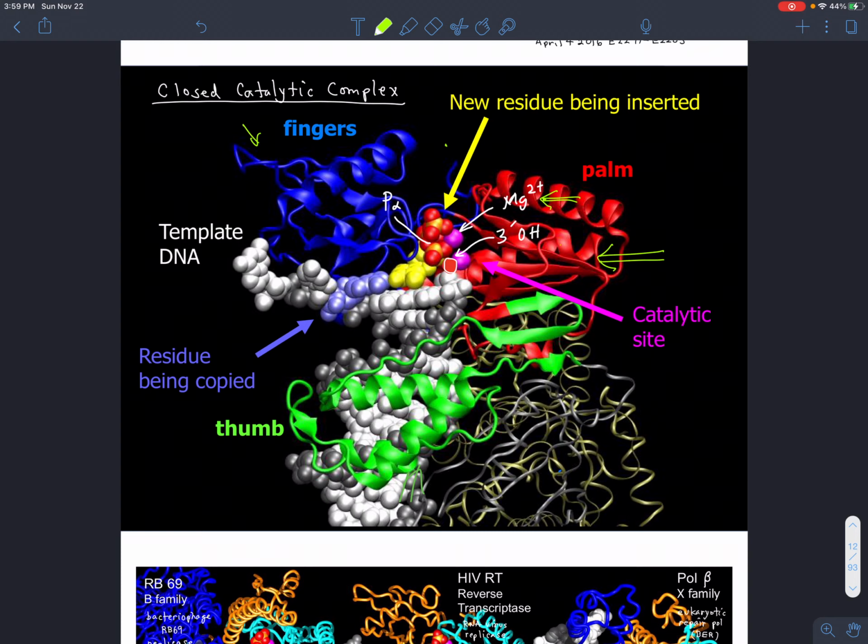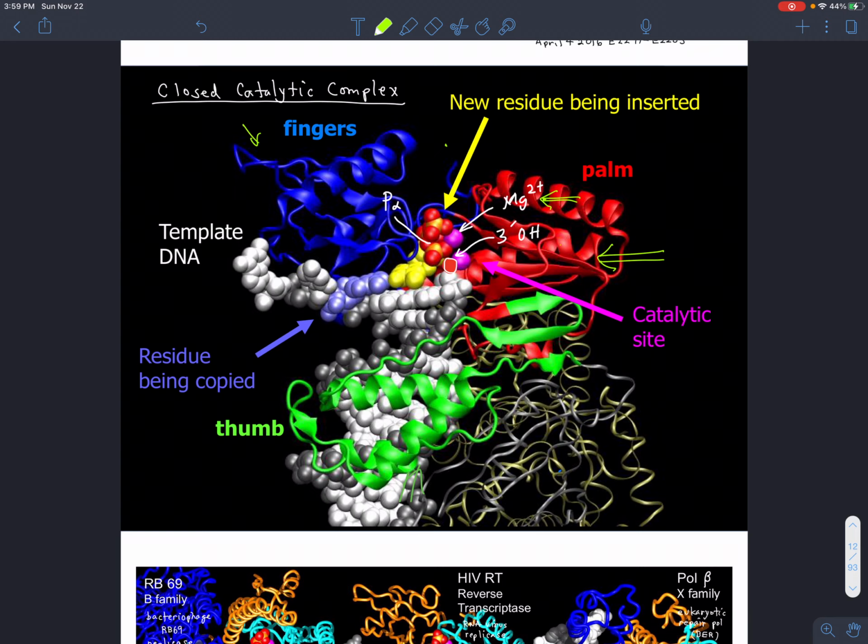And there's 2 of them right next to each other. Why is that? Well, we'll see when we start talking about the catalytic mechanism, but especially this one down here is going to catalyze and make it much easier, reduce the energy of the transition state, reduce the activation barrier for this 3'OH to attack that alpha phosphate. So it's absolutely crucial to the whole mechanism by which the catalysis takes place.